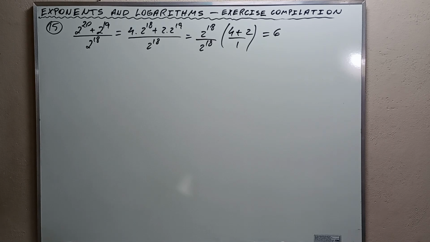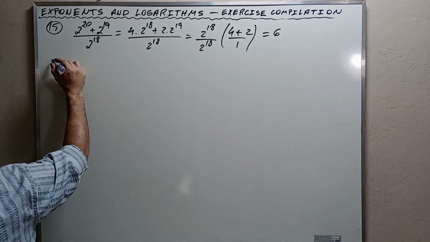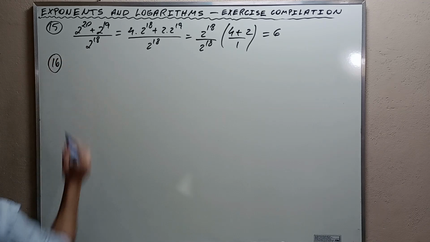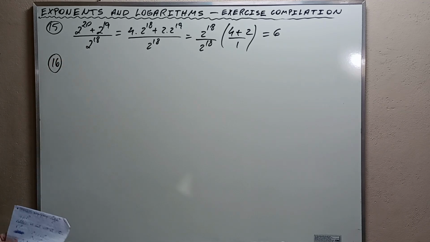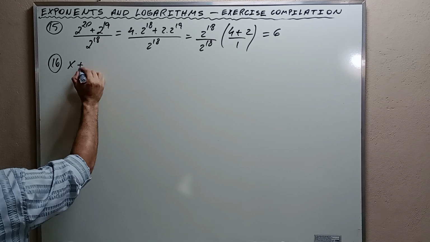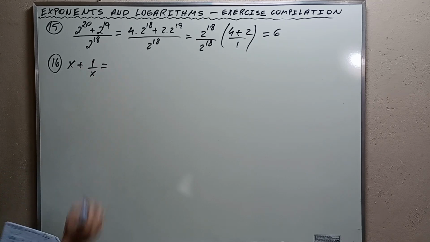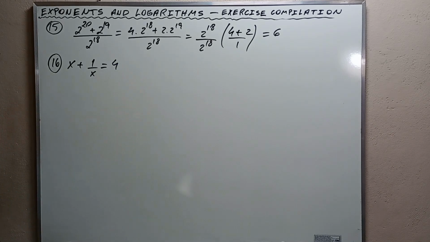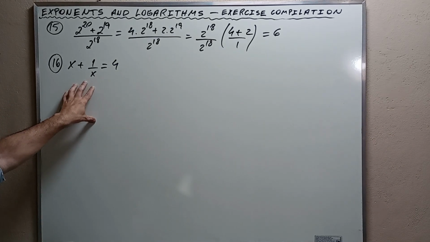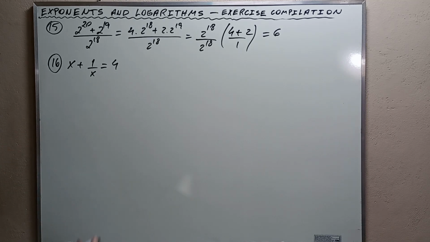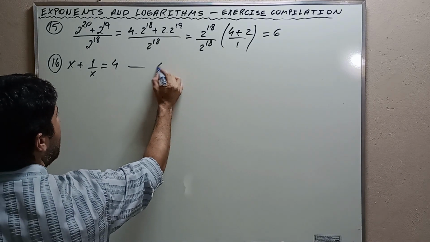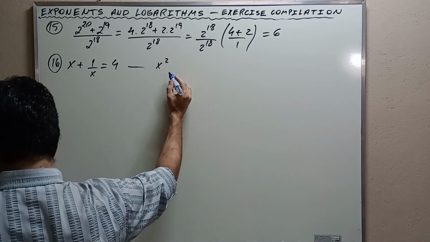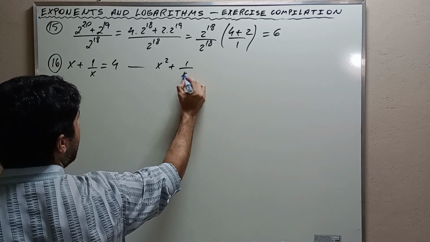How about exercise 16 now? Exercise 16 says, knowing that x plus 1 over x is equal to 4, knowing that this holds true, find the value of x squared plus 1 over x squared.